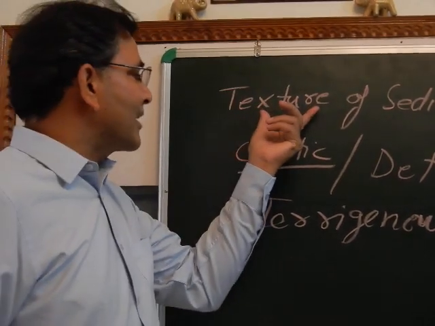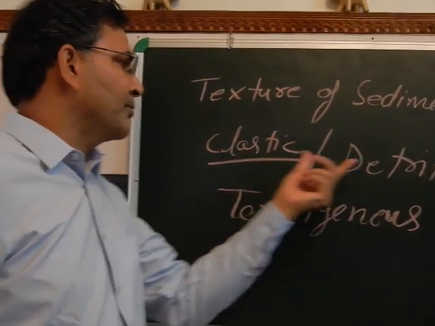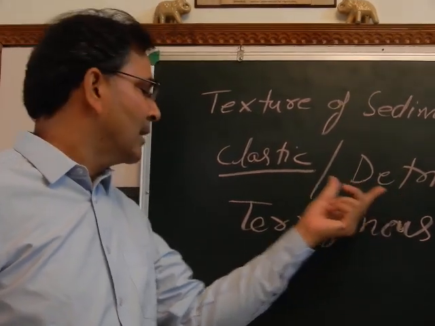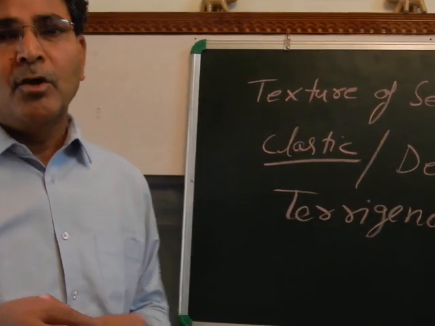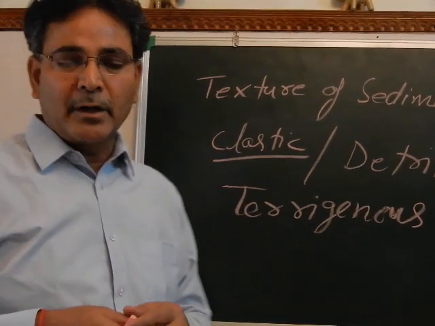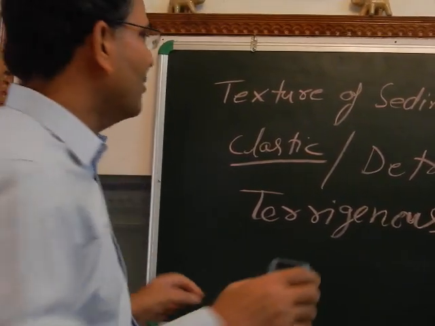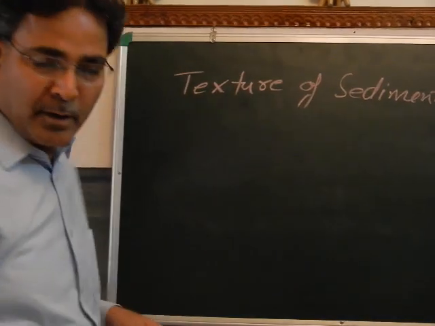So we will discuss the texture of clastic sedimentary rock, also known as the texture of detrital sedimentary rocks, also known as the texture of terrigenous sedimentary rock. All these terms, clastic sedimentary rock, detrital sedimentary rock, and terrigenous sedimentary rock, are generally synonyms.